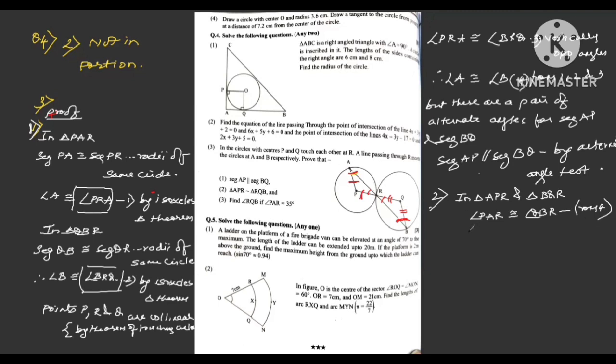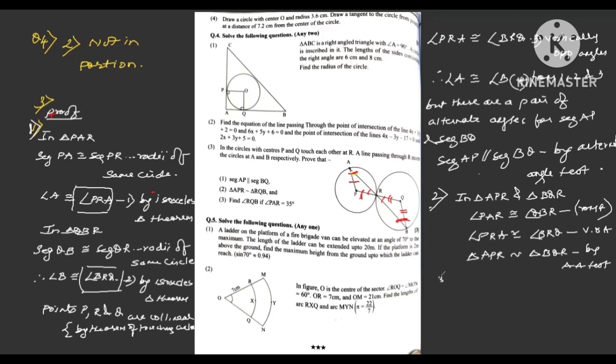Then angle PRA is congruent to angle BRQ, vertically opposite angles, children. So both these triangles are similar by the AA test of similarity.